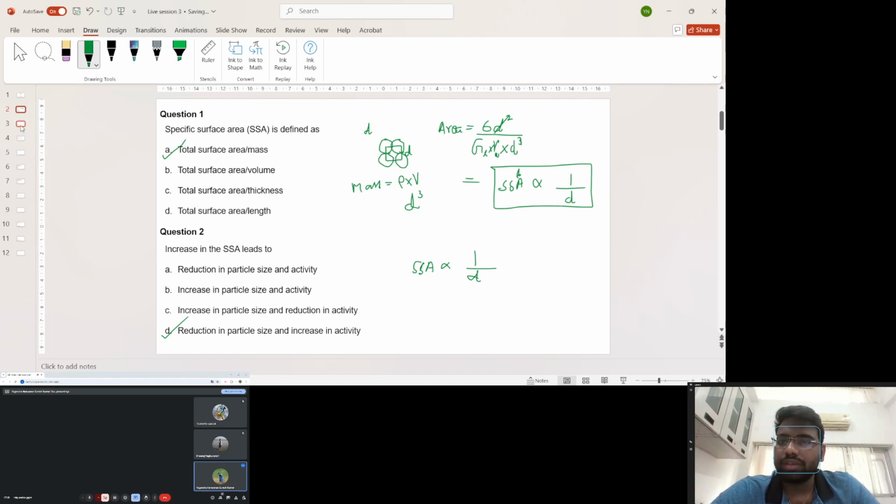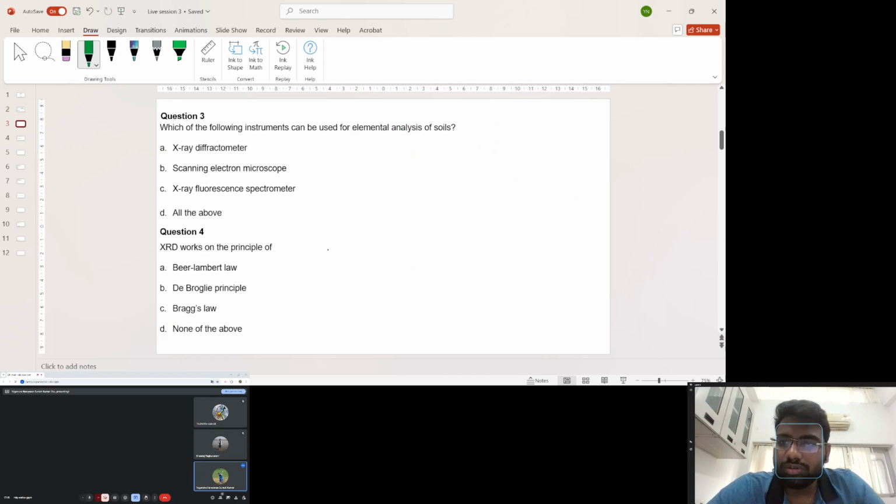Moving to question 3: which of the following instruments can be used for elemental analysis of soils? Option A, X-ray diffractometer. Option B, scanning electron microscope.